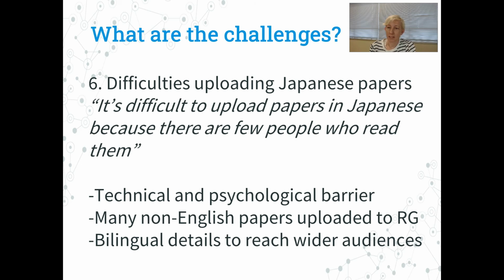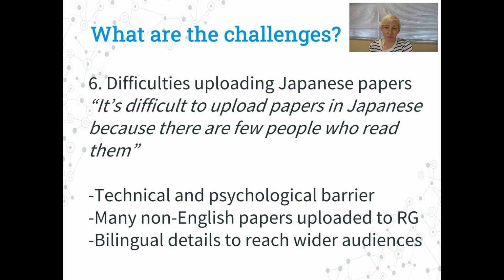Another thing you might like to consider is adding the details of your project or your research paper in English and Japanese, so that bilingual focus could reach wider audiences.